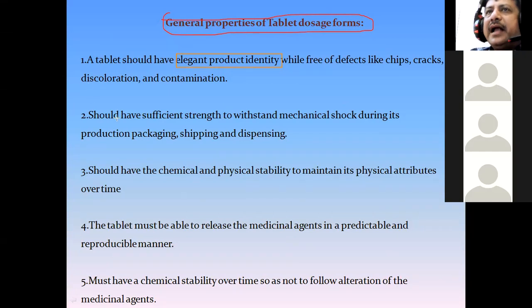Okay, and it should be free from defects such as chips, cracks, discoloration and contamination. So this is what we should know. So what are the things which we have to look over here? So it should be elegant.